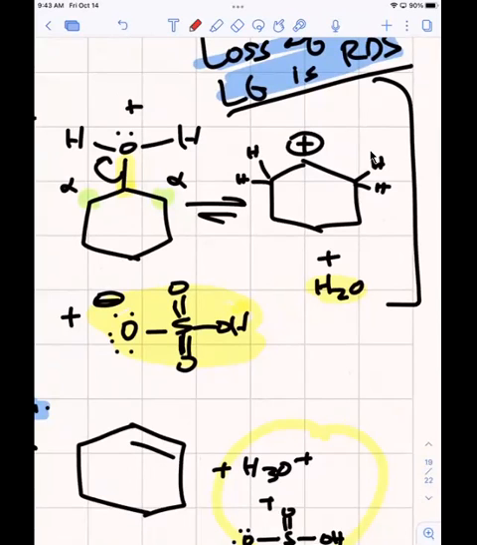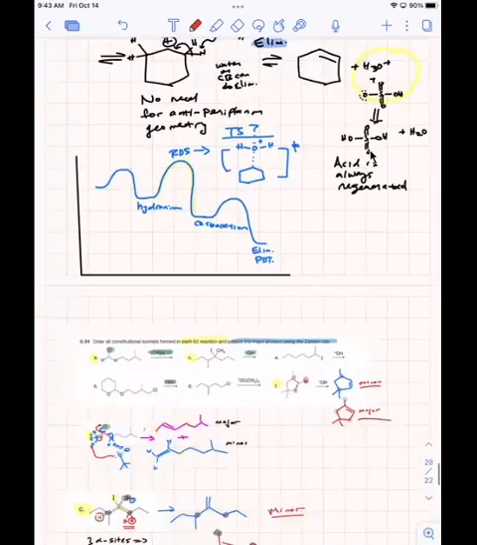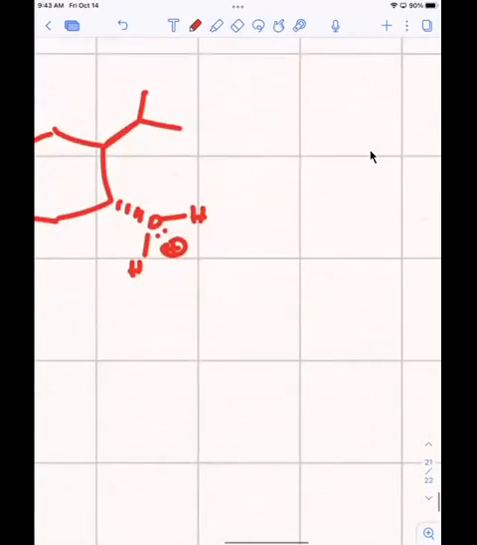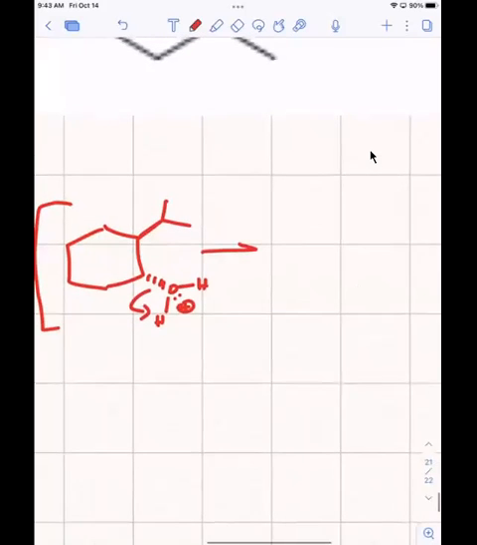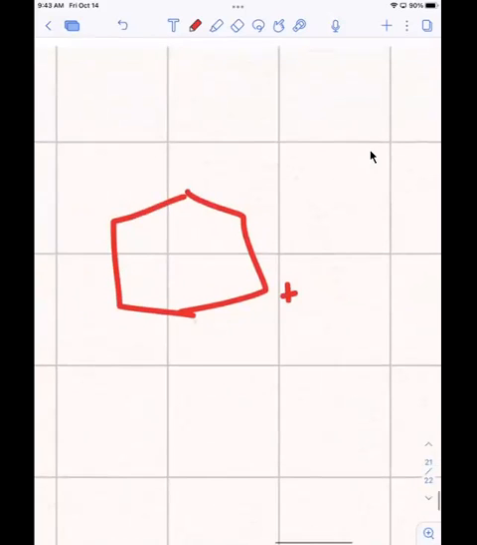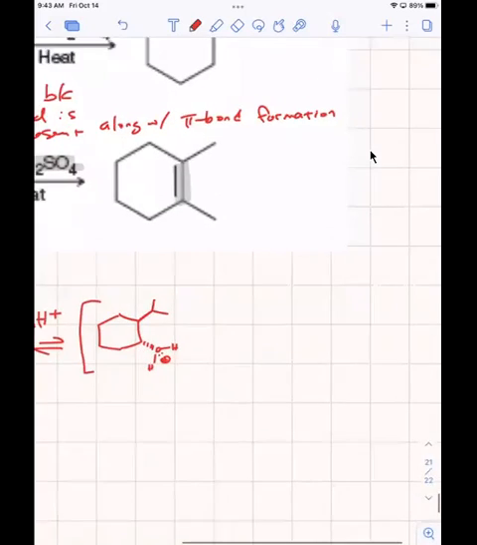You lose the leaving group. That's the next step, and it's the rate determining step. So I'm going to show a loss of leaving group, which is going to lead to a carbocation intermediate, which is here. This is still here. And there's a hydrogen hanging back here.